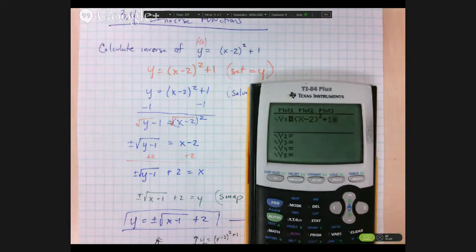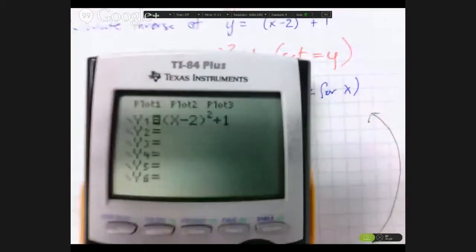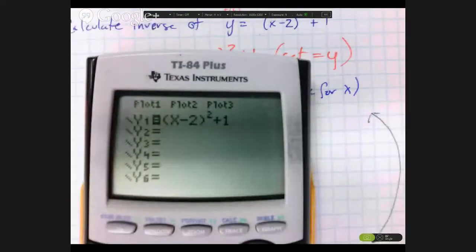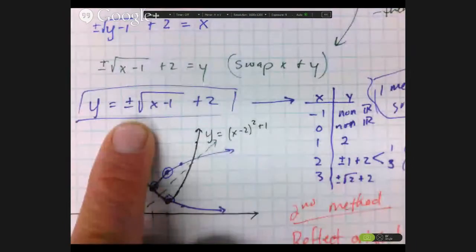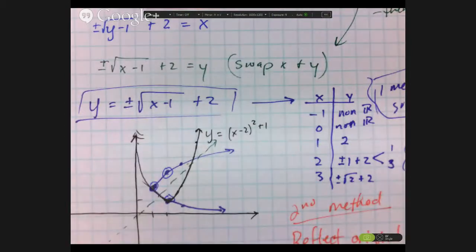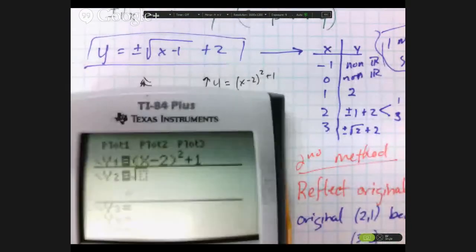Okay, put your original in Y1. The tricky part here is, can you do positive or negative on the calculator at the same time? No, we have to do two separate equations. All right, so I'm going to do the positive, x minus 1 plus 2.